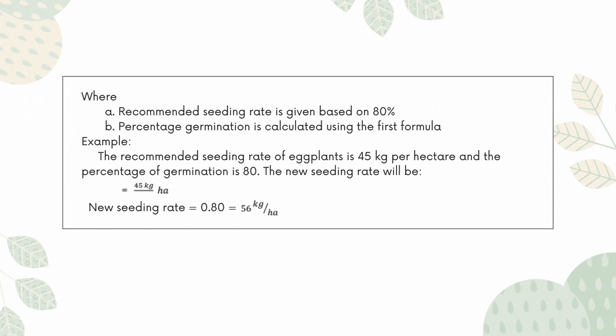Example, the recommended seeding rate of eggplants is 45 kilograms per hectare and the percentage of germination is 80. The new seeding rate will be 45 kilograms over 80% or 0.80 per hectare, or equal to 56 kilograms per hectare.